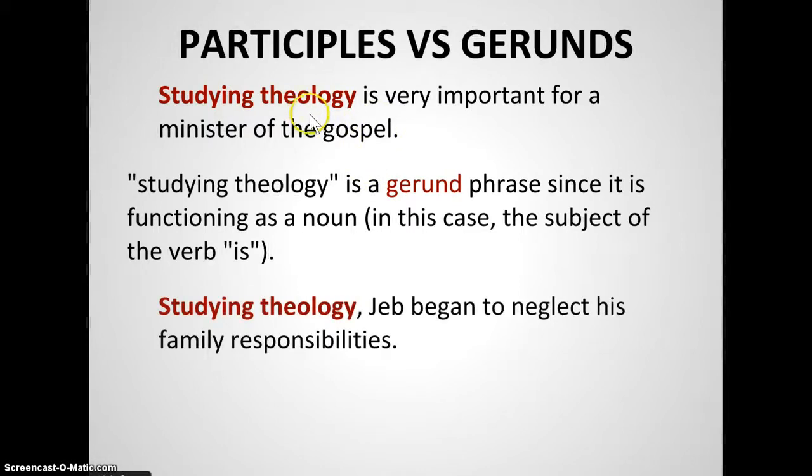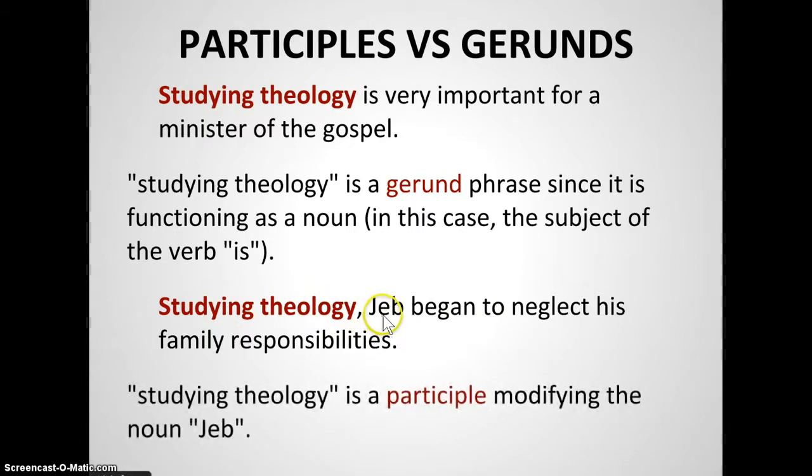If I take the exact same phrase in a different sentence, studying theology, Jeb began to neglect his family responsibilities. It's the exact same phrase, studying theology, but now we can clearly see that it's telling us more about this noun right here, Jeb. Jeb is the one who's studying theology. You might think of it this way.